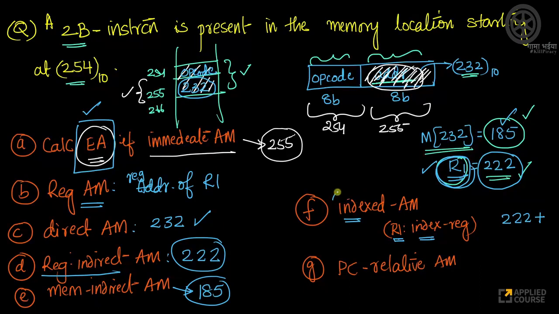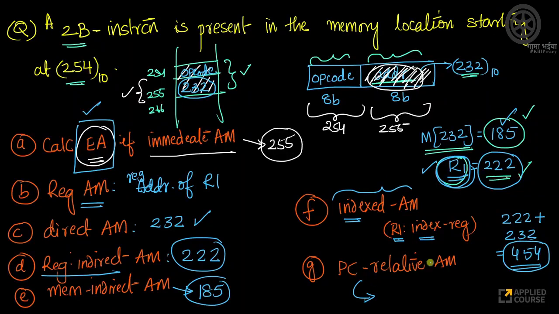In indexed addressing mode, what do I need? I need a base address, and I need the starting address, which I'll take from the address field, and my index register itself is R1. That's what it clearly says here. So I'll take 222 as my index, and my base address here is 232. If I sum up both of them, I get 454. So this is now my effective address if I'm using indexed addressing mode.